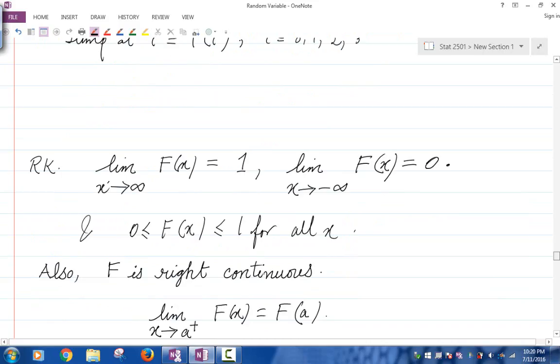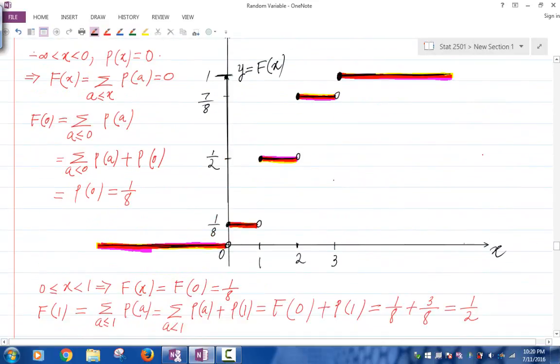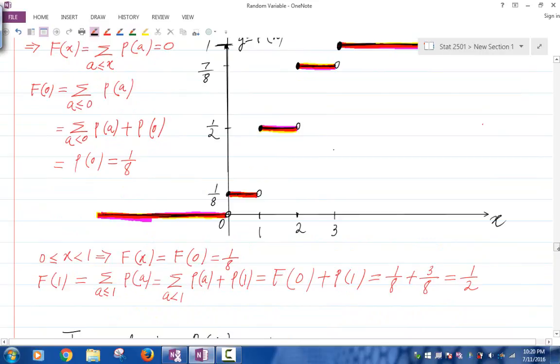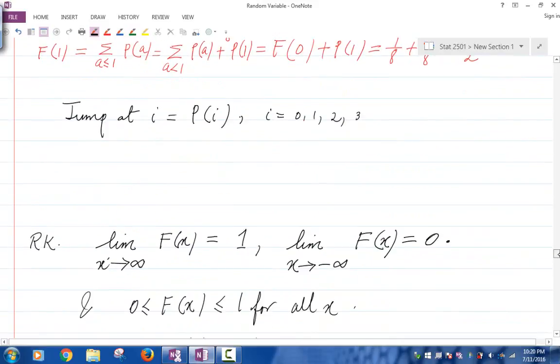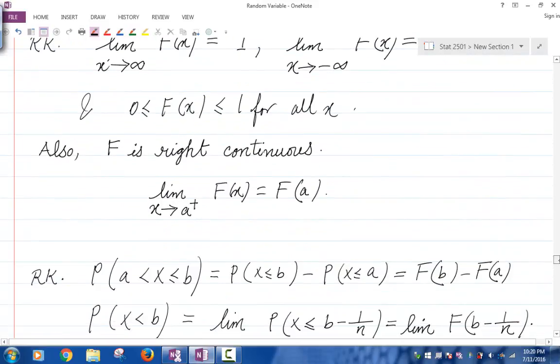A couple of facts that you want to realize is, what's the limit as x goes to infinity of F of x? As x goes to infinity, the limit of F of x should be 1. As x goes to negative infinity, the limit of F of x should be 0, and F of x should be between 0 and 1, of course, because F of x is a probability value.